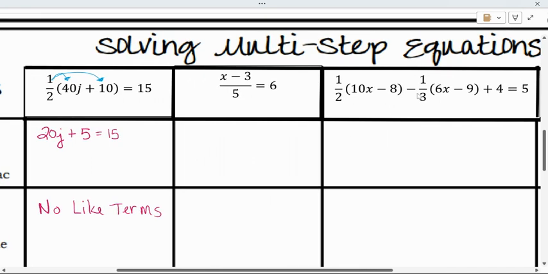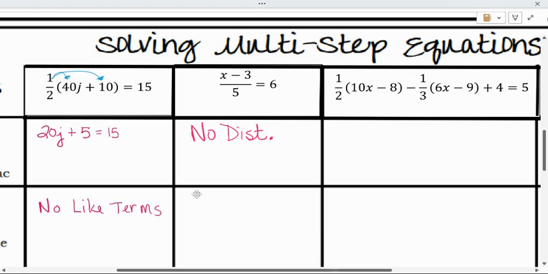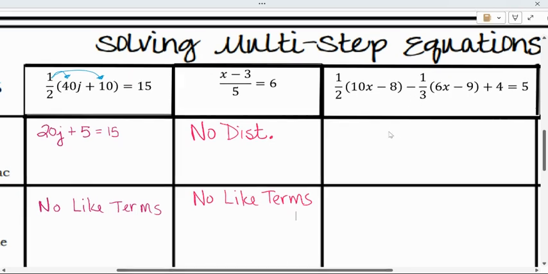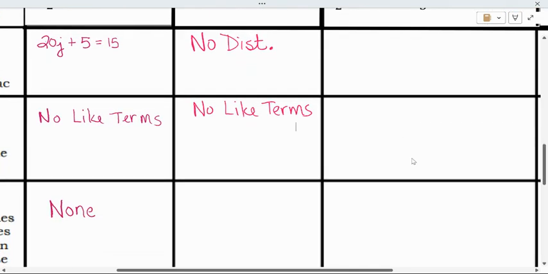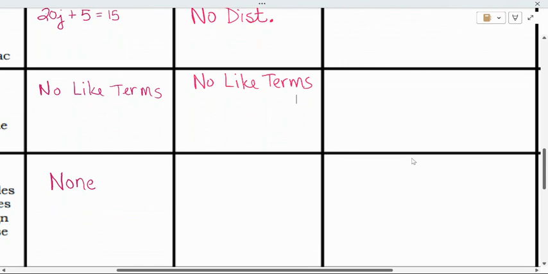has no distribution. So I'm just going to write, there's no distributing. There are no parentheses here for me to get rid of, and that's when we use distribute. And there are also no like terms. But, thank you, there's something that I have to do.